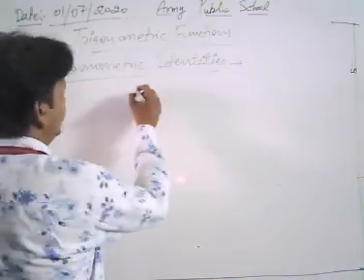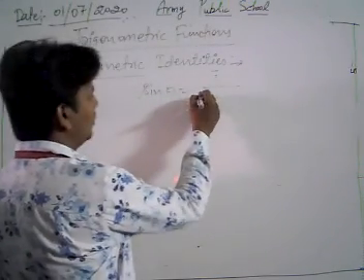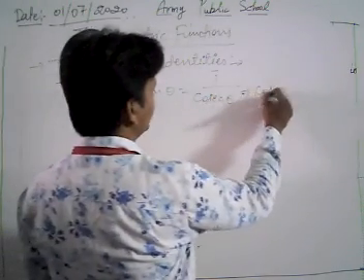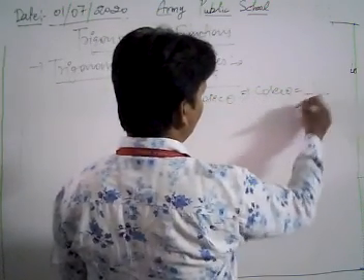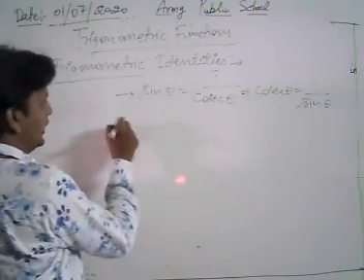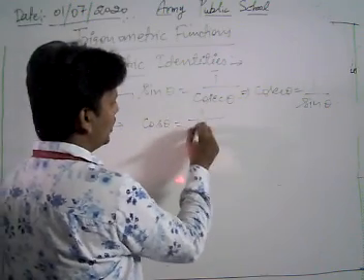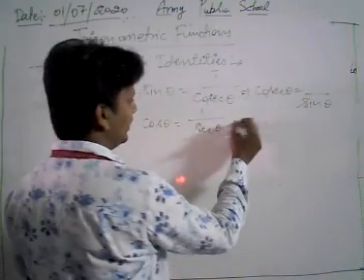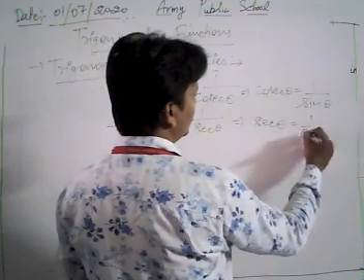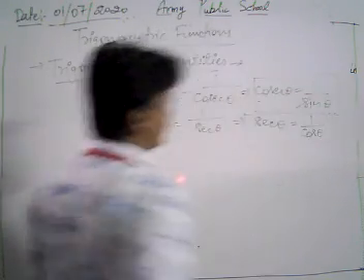We also know that sin theta is equal to 1 upon cosec theta, that is cosec theta is equal to 1 upon sin theta. Next one, cos theta is equal to 1 upon sec theta, that is sec theta is equal to 1 upon cos theta.